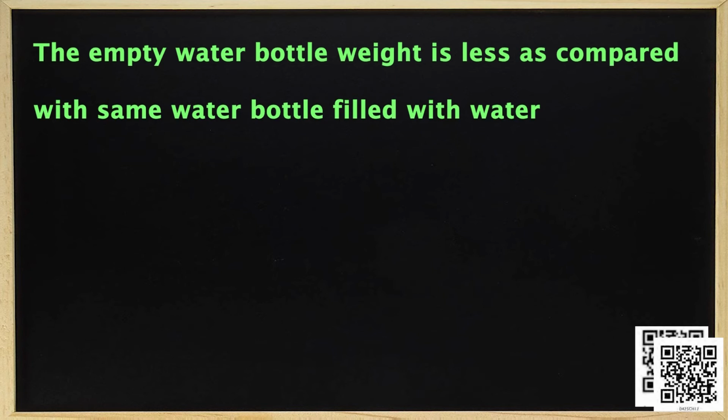So, we can say that equal volumes of different things have different weights. So, from this we can say that 1 kg cotton and 1 kg iron both are equal, because their weights are 1 kilogram.